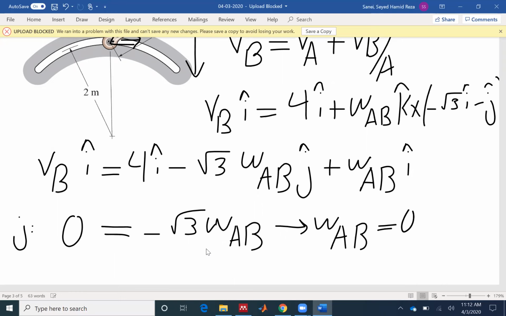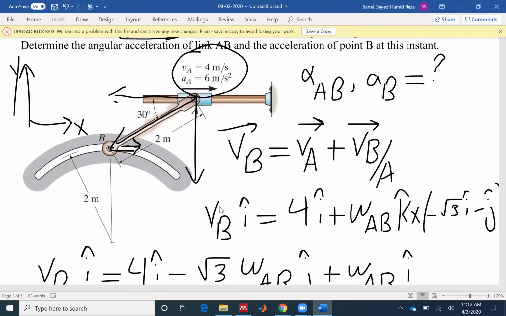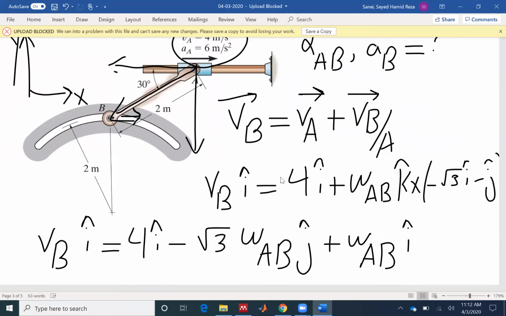What does that mean when our link AB has no angular velocity? That means that our link AB has a translational motion. And whenever we have a translational motion, any point on our rigid body has the same velocity. So the velocity at B is the same as the velocity at A at that instant.